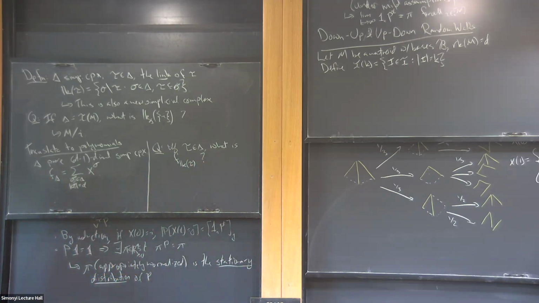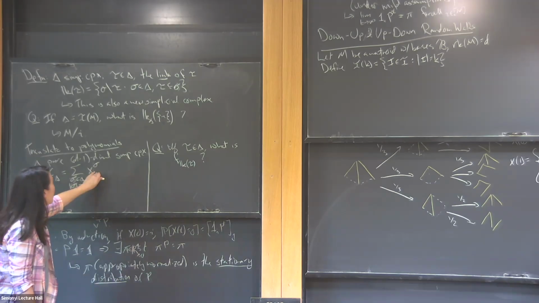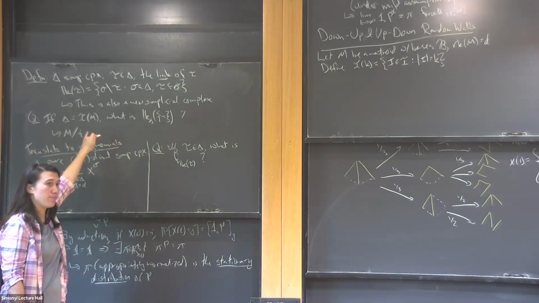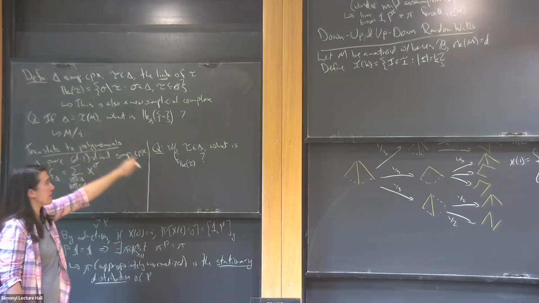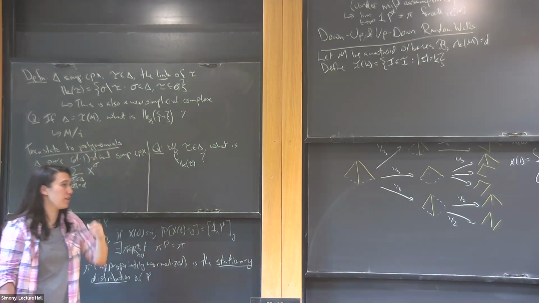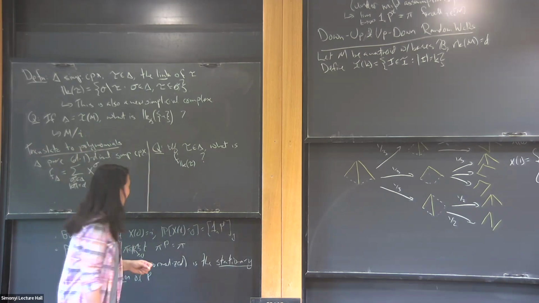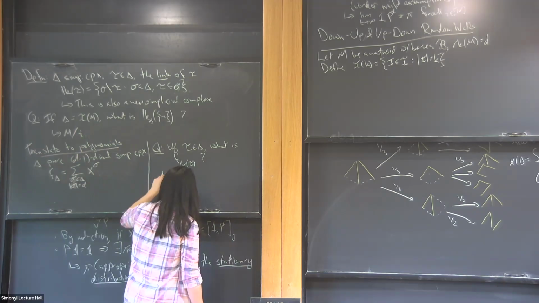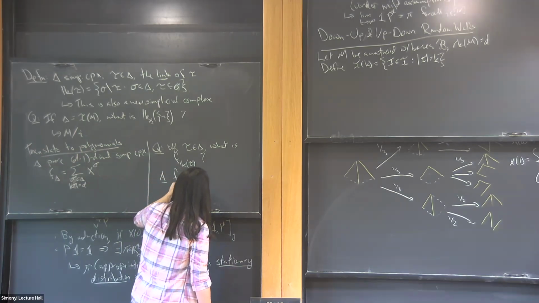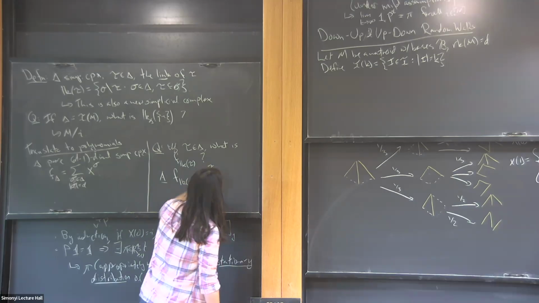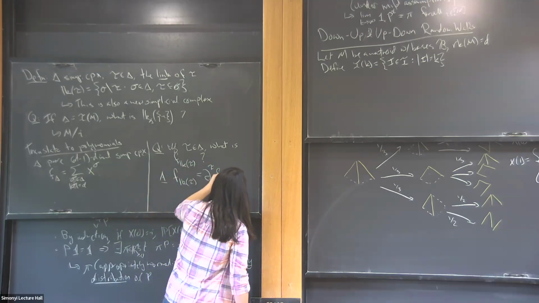I want to take all of the simplices that contain tau and then remove tau from them. What does that sound like on polynomials? Yeah, take the partial derivative. So if I want the polynomial for the link, that's just the derivative with respect to everything in tau of my original.